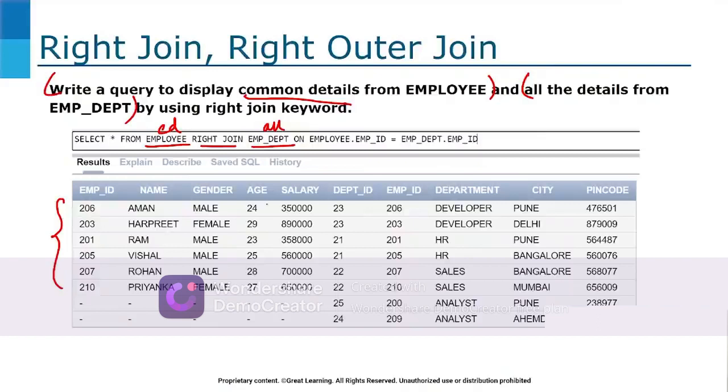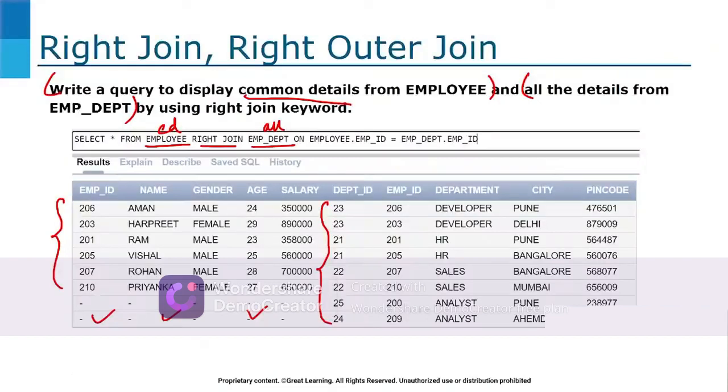From the employee department table, I'm getting every data, all the 8 data. Why are there blank spaces, why are there null values? Because there are 2 data which are not matching, which are not common. So that is why I'm getting a blank space here. Correct? This is your right join.